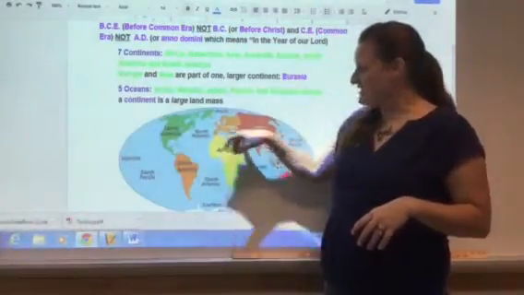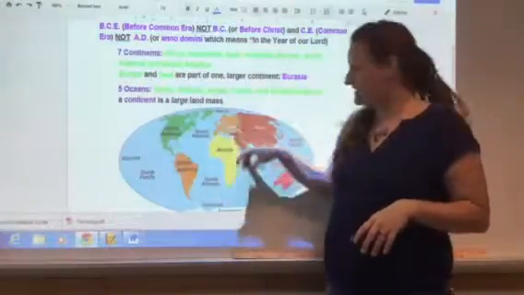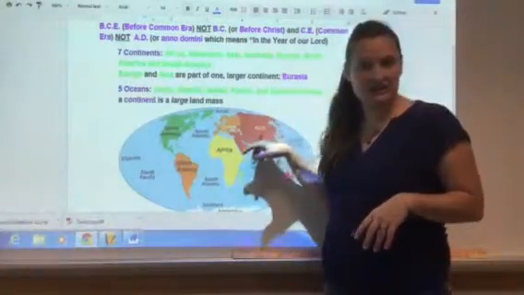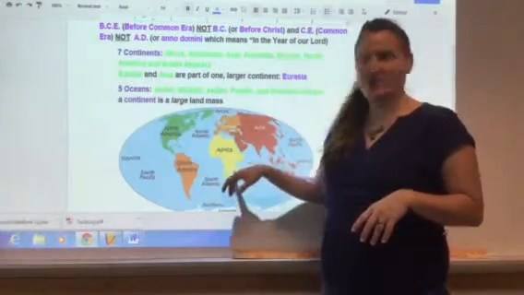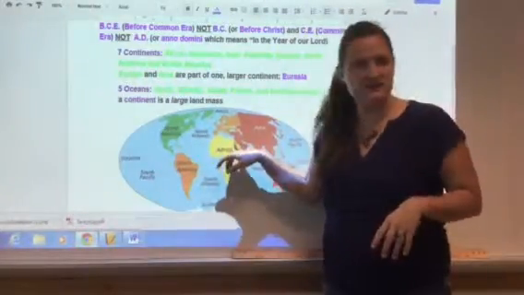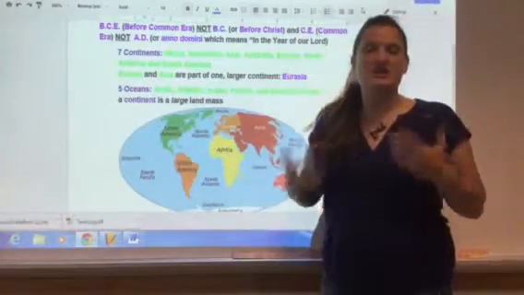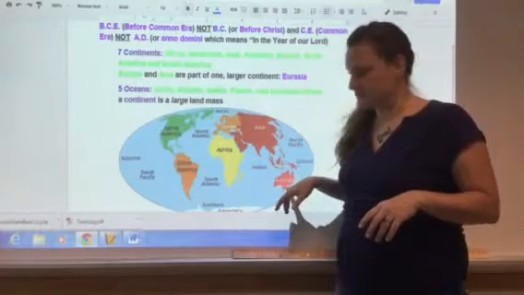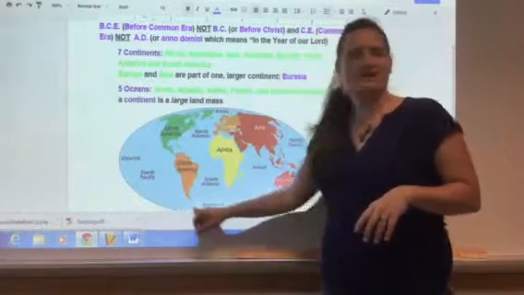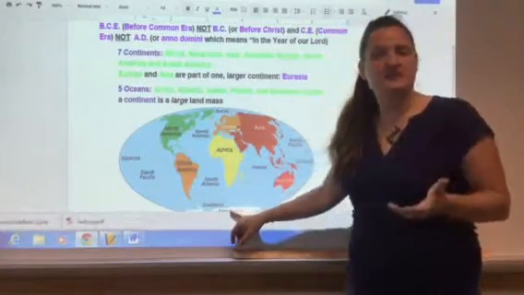And Africa, Europe, and Asia all connect. Europe and Asia clearly connect, so people often call that Eurasia. And then some people even call it Afro-Eurasia because right by the Suez Canal, Africa connects to the Eurasian continent. And then you've got Australia way down there and Antarctica at the southernmost part.